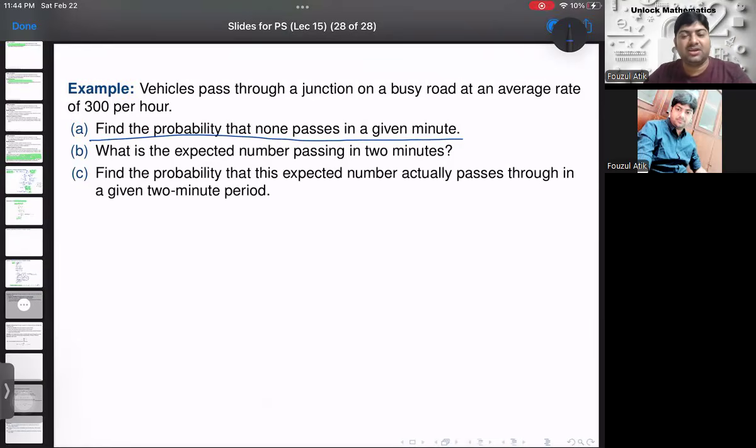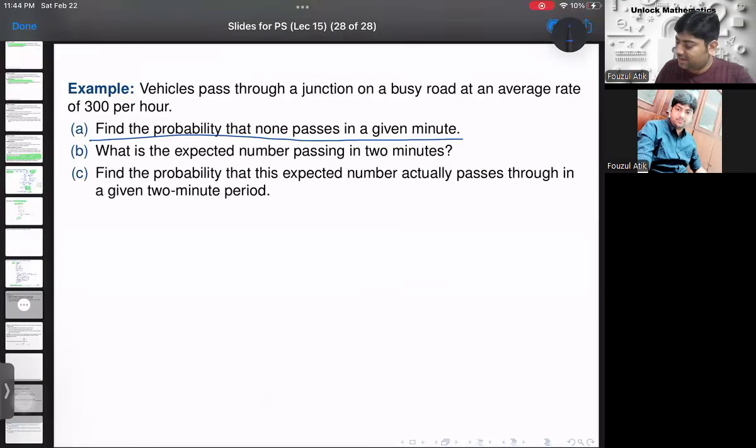It is possible, maybe at night time or sometime in the day, that you have zero vehicles passing. One vehicle is possible, two, three, four, and it can be a very huge number in a very busy time. The number of vehicles passing can be 0, 1, 2, or a very big number. We don't know anything about it.